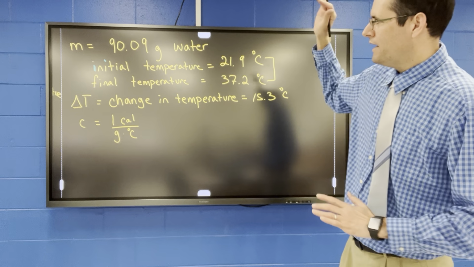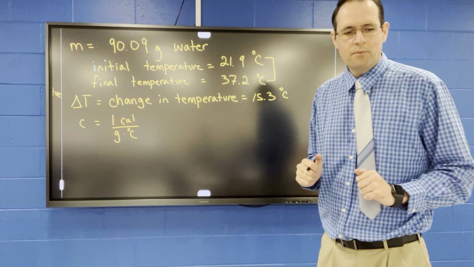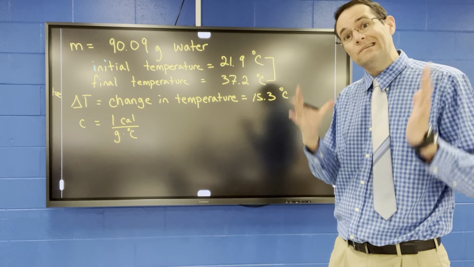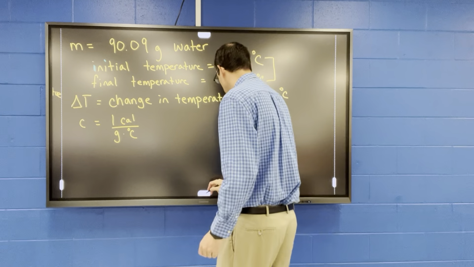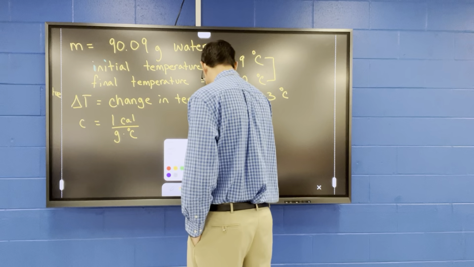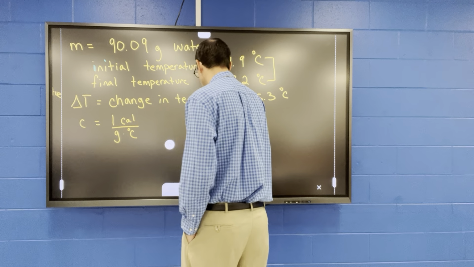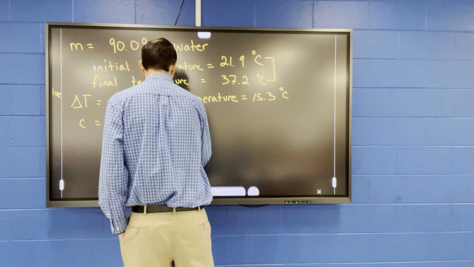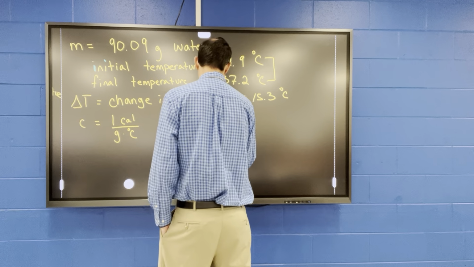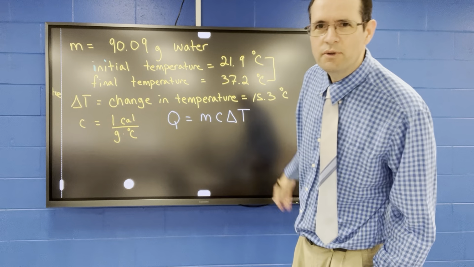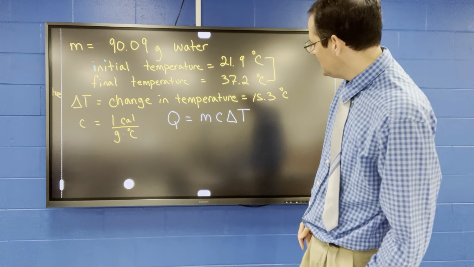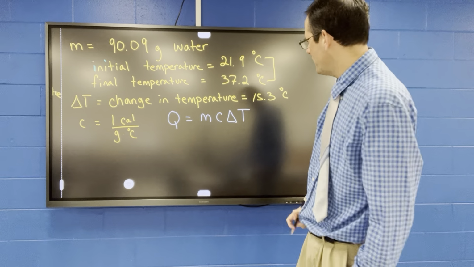So we're ready to go. We have the three quantities here, and what I want to do is calculate how much heat was actually put into that water to warm it up, okay? So I'll change pen colors here. So here's our Q equals MC delta T. It almost looks like MCAT over there.